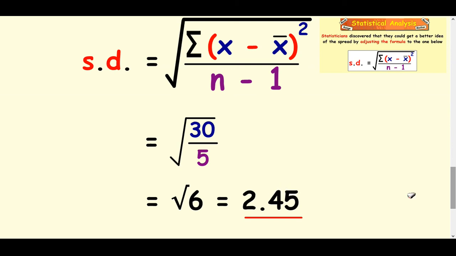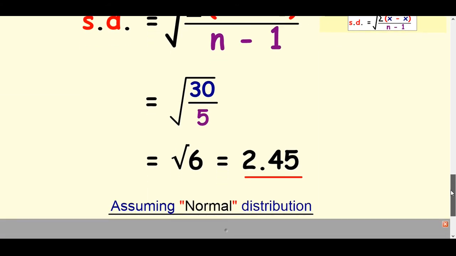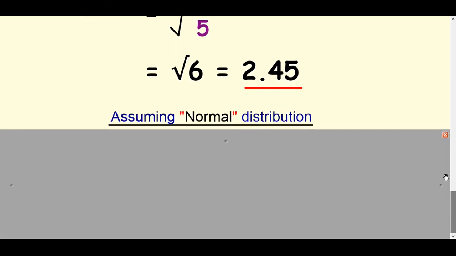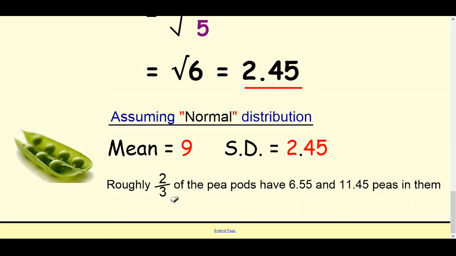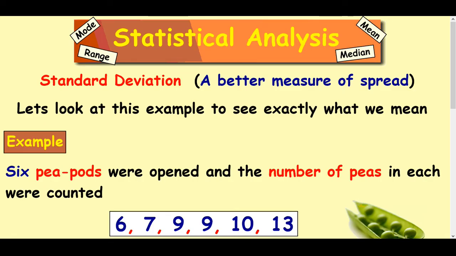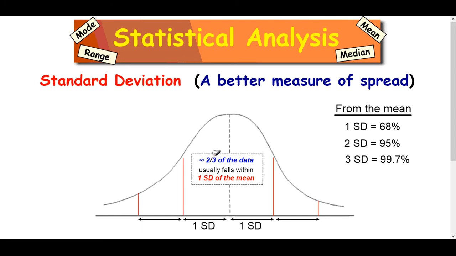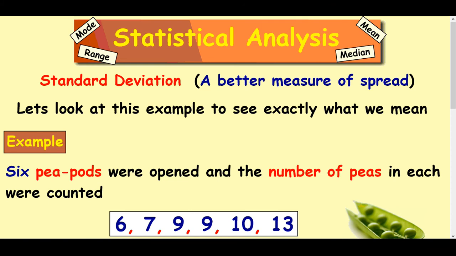Now I'm going to do another example in a second to show you how it's done again. But what does this mean? So assuming the normal distribution, the average number of peas in the pea pod was 9, and we've got the standard deviation of 2.45. Now, when we looked earlier, we said 2/3 of the data usually falls within one standard deviation of the mean.